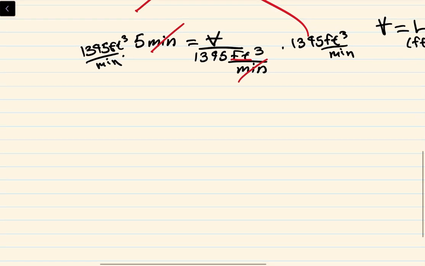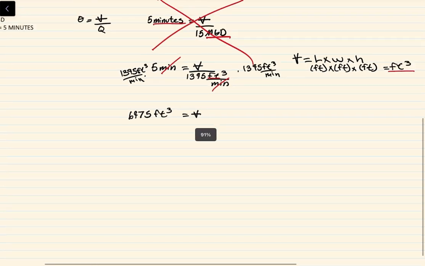All right. So that's gonna get rid of our 1395 on the bottom and leave us with volume over here. Those minutes are gonna cancel out. So we gotta do 1395 times 5. That gives us 6,975 feet cubed equals volume.